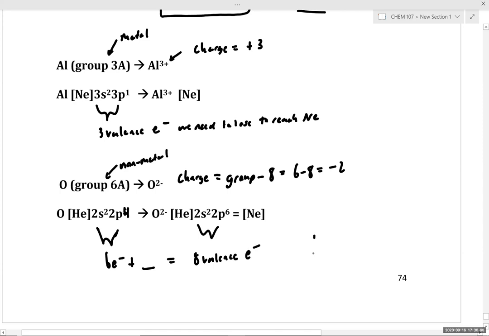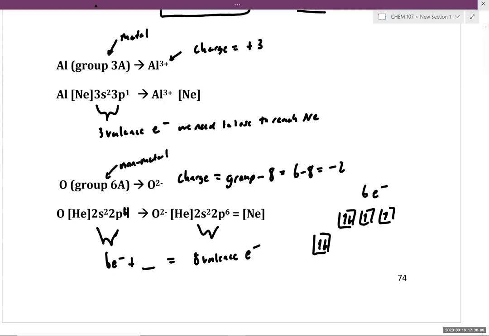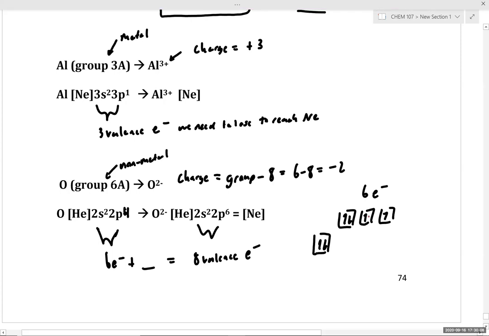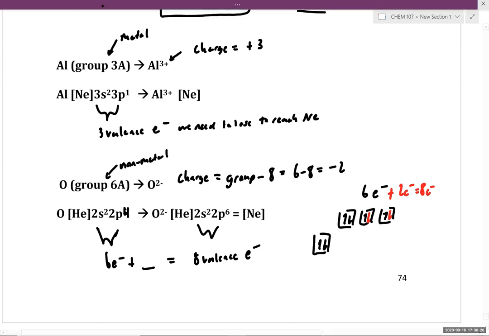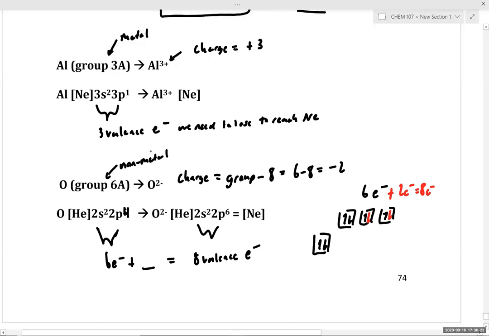So initially I have 6 electrons, and how many do I need to gain to fill out my shell? I need to gain 2. 2, exactly right. And that gives us 8 electrons. Does that make sense? Is everyone comfortable with these ionization trends?